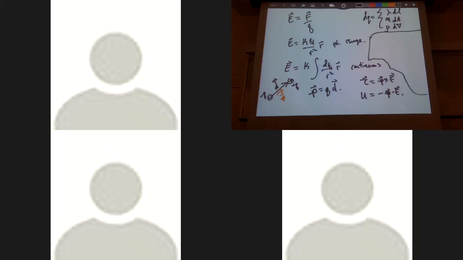Now, other things you might want to write down, which I don't remember all of them off the top of my head, are things like the electric field of a sheet of charge, the electric field of the ring, and the electric field of the disk. Write all those down just to be on the safe side.